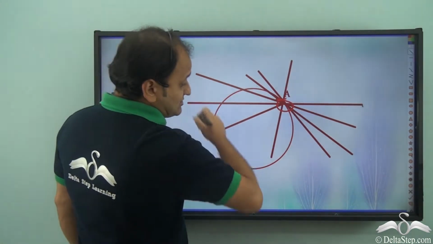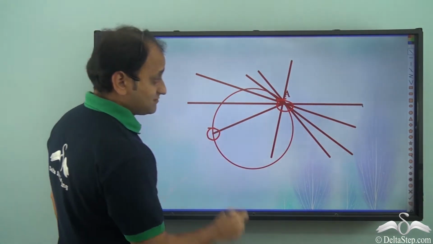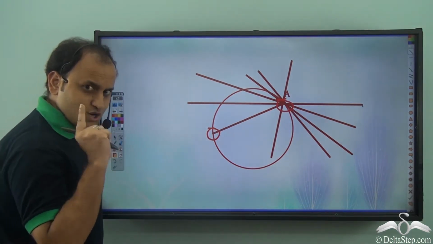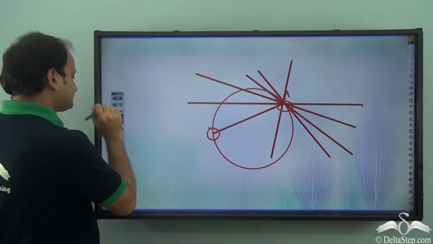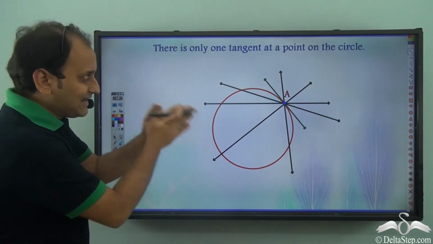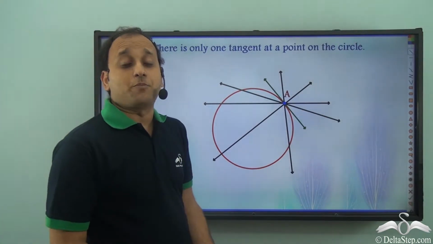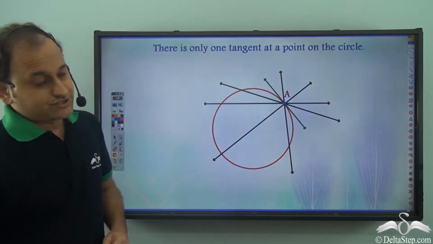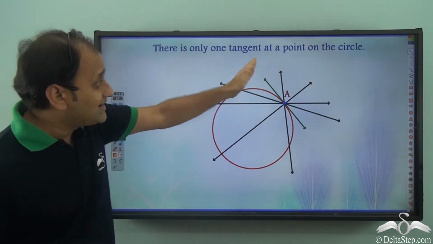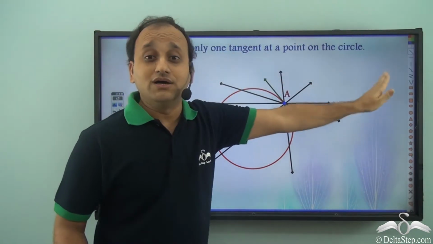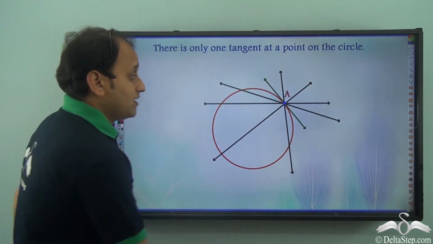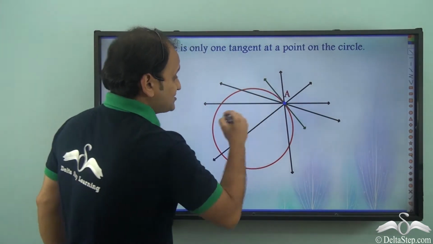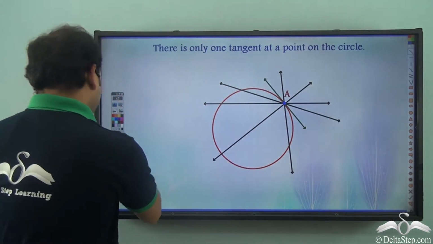So with so many possibilities, I was able to achieve just one tangent, isn't it? Well, that is the unique property of a tangent. There is only one tangent at a point on the circle. So if we consider point A, there is just one tangent.